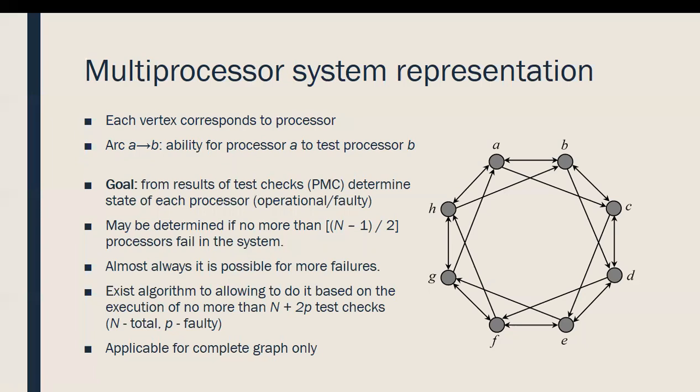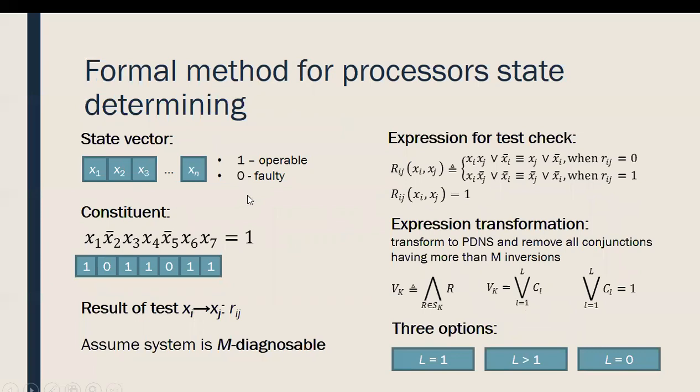However, all this is applicable only for the complete graph case. Unfortunately, real systems do not always correspond to complete graphs. An approach that may be used for arbitrary graphs was proposed.